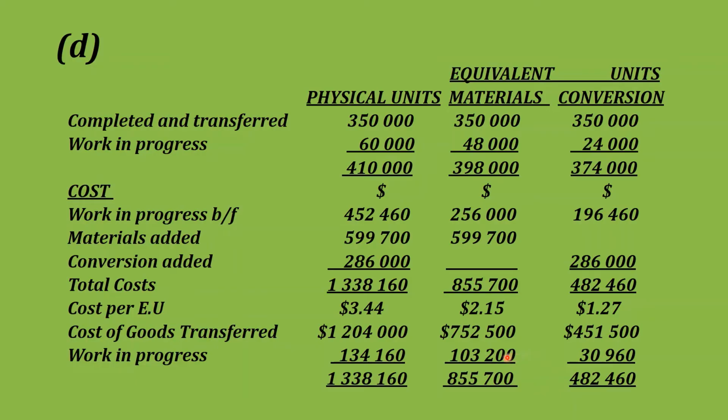Right, when we add these two, we'll get the work in progress total here. Right, we do not go the other way around, taking this and multiplying it by this. Right, we might not get that. Okay, when we add these across again, it will come up to this, which should balance with this figure here. Okay, so the balancing nature of this worksheet tells you whether you have done it correctly or not, right?